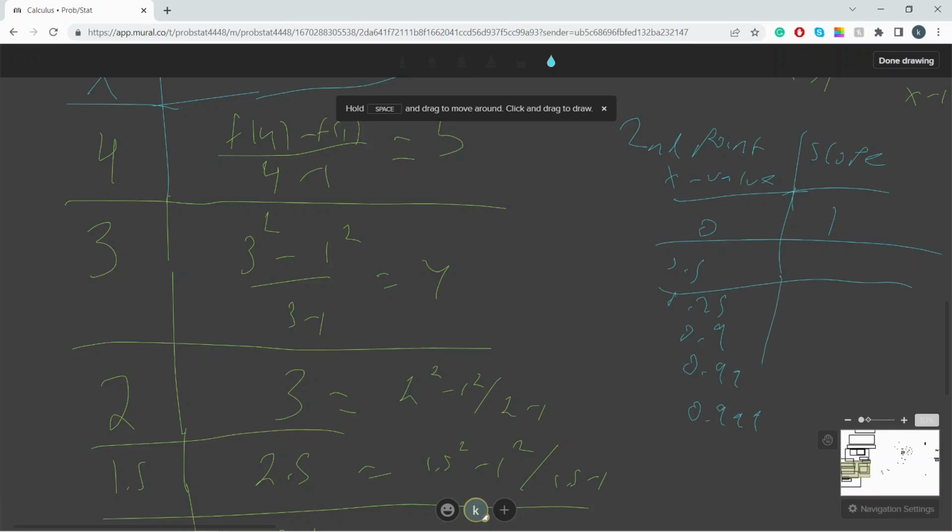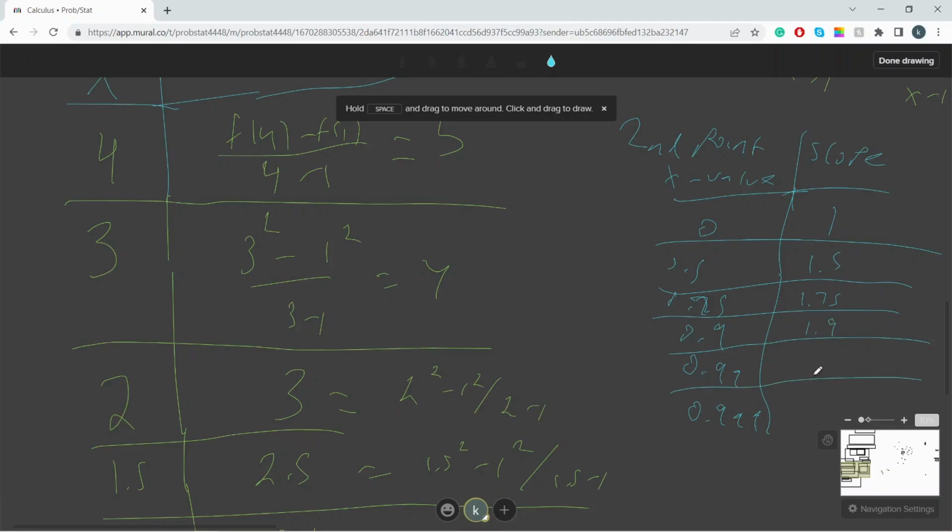At x equals 0.5, the slope comes out to be 1.5. With x equals 0.75 as our second point, the slope comes out to be 1.75. With x equals 0.9, the slope comes out to be 1.9.